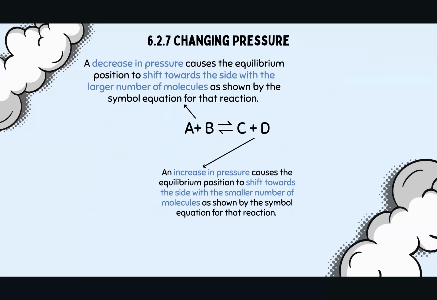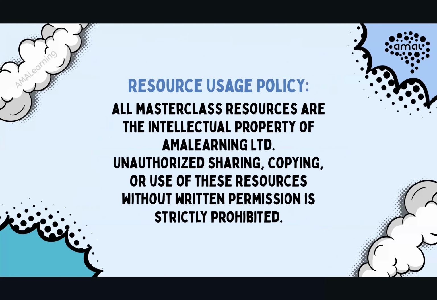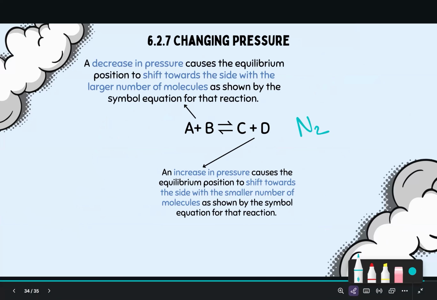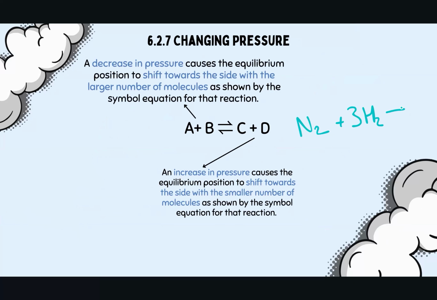Now, changing pressure. This is something that needs to be memorized, so just keep it in mind. Let's use the Haber process as an example. So nitrogen plus 3 hydrogens, reversible reaction, gives us 2 NH3.